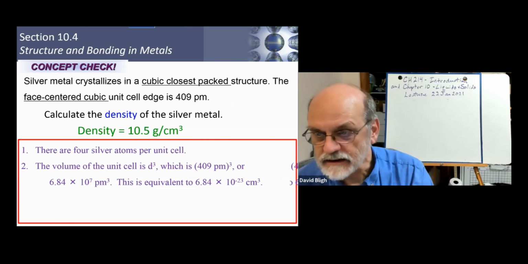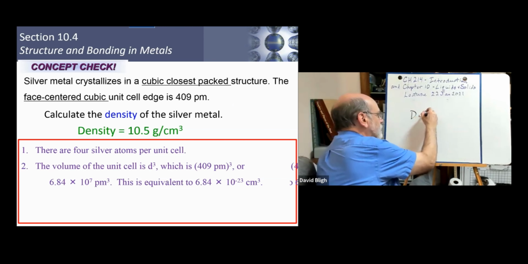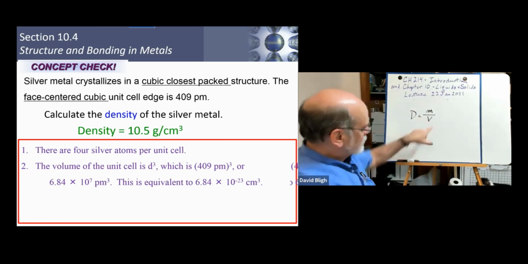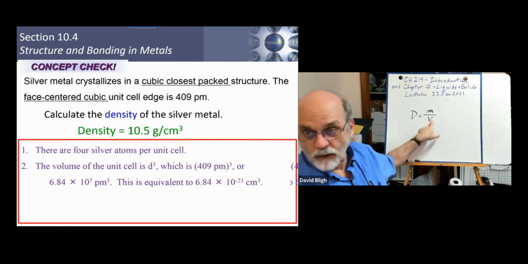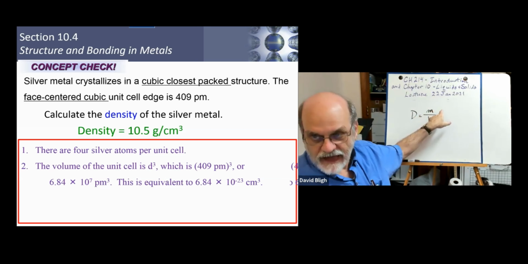Because the density formula says this. There's the volume of the cell. Now what we want to do is find out what mass of silver is represented by that cell.